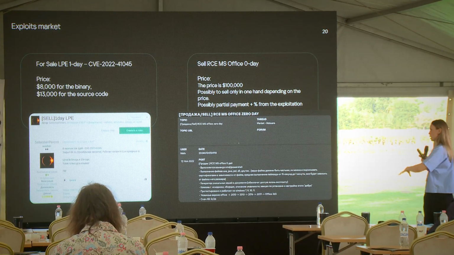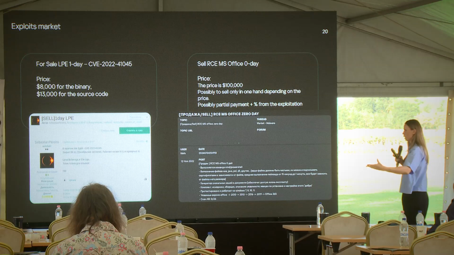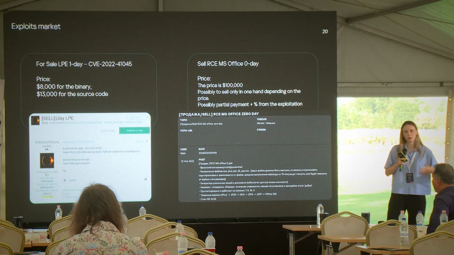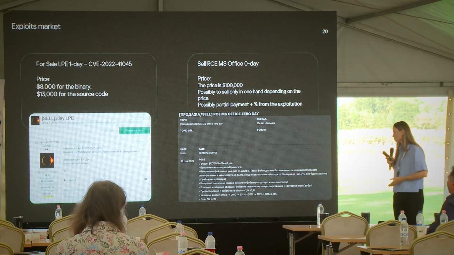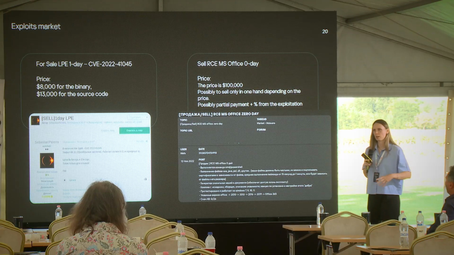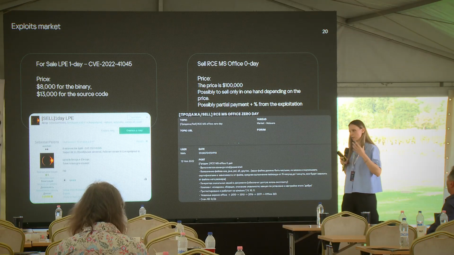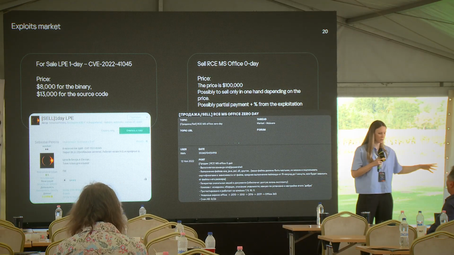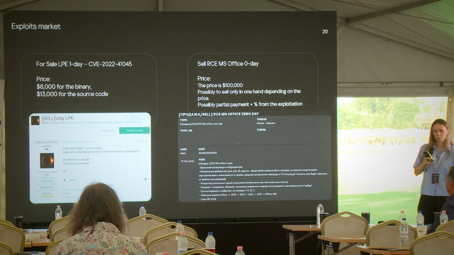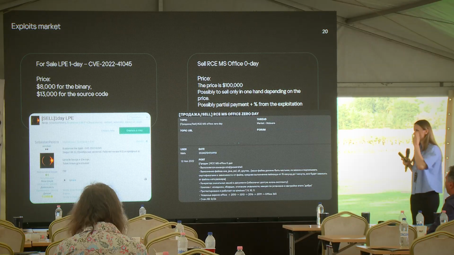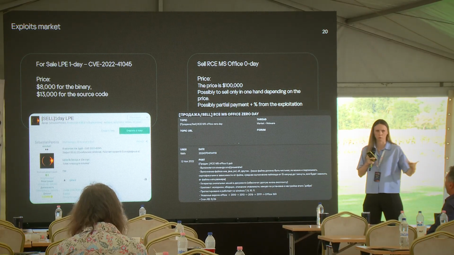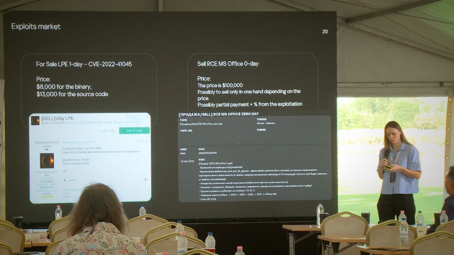Both cybercriminals provided the full details about the vulnerability itself, and they said they were ready to sell it through an escrow service. So they are ready to sell it with a guarantee, through a third-party person or service who will help secure this kind of deal, because it's a very big money transfer.